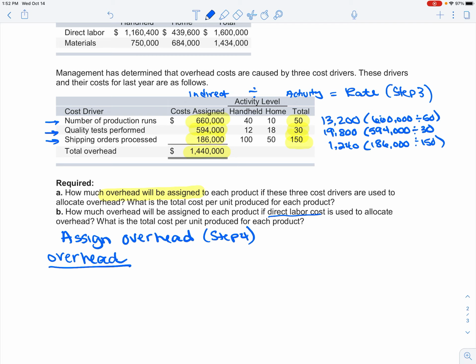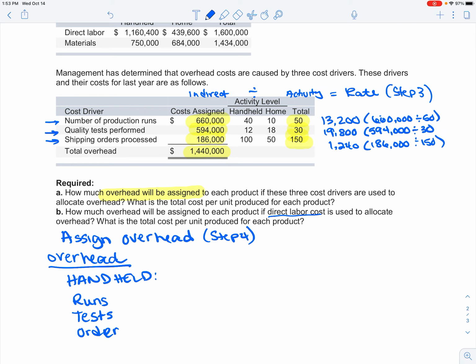We're going to take the handheld product first, and you're going to list out each of these cost drivers. We have production runs, we have our tests performed, and we have our orders processed.